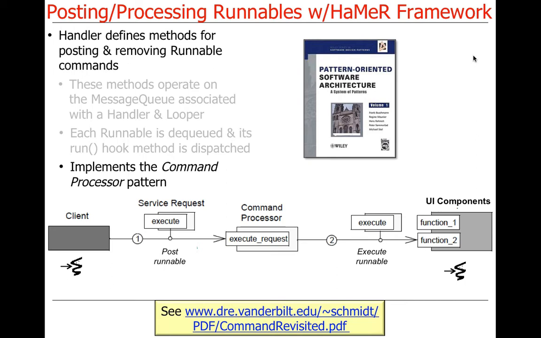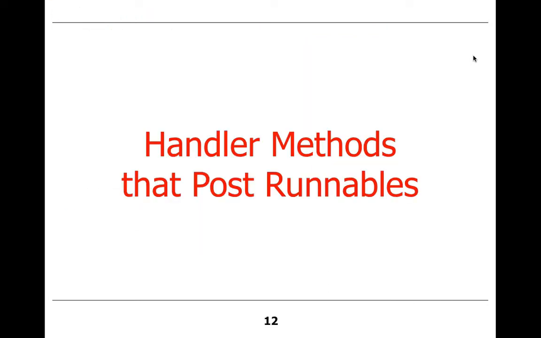So the command processor pattern takes commands and goes a little further, and it talks about being able to enqueue them on a command processor, which will then go ahead and execute them in some other context, either later at a different point in time, a different process, different thread, different machine, whatever it is. So basically the Java Executor framework and the Android HaMeR framework all implement this pattern. There are lots of other examples of this pattern too, but those are good ones from the context of Java.